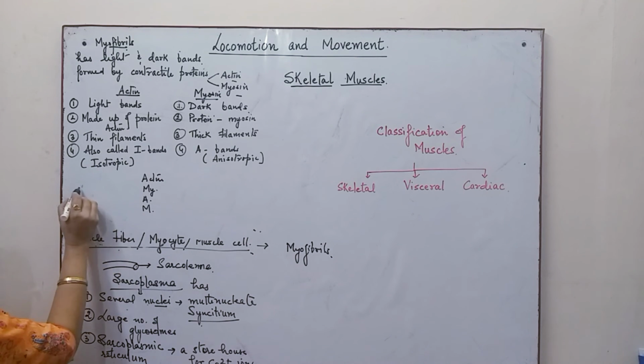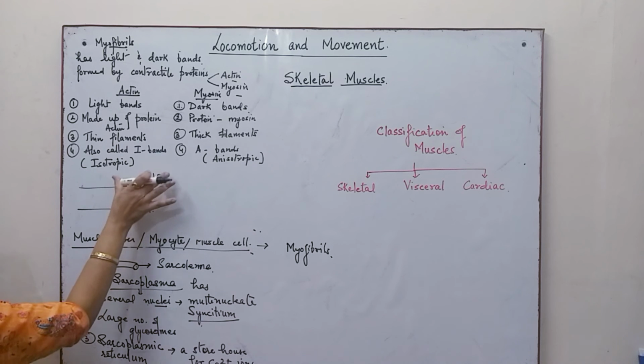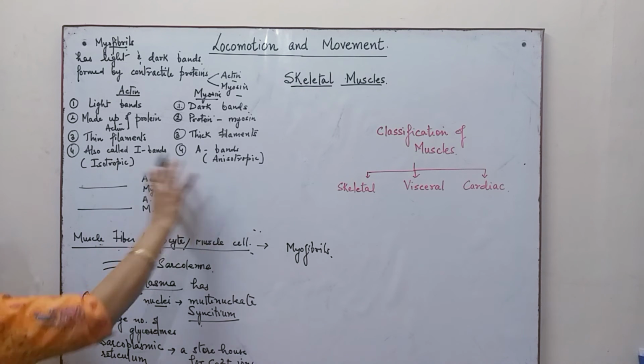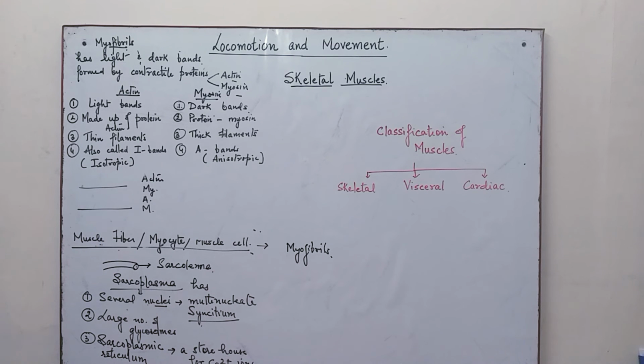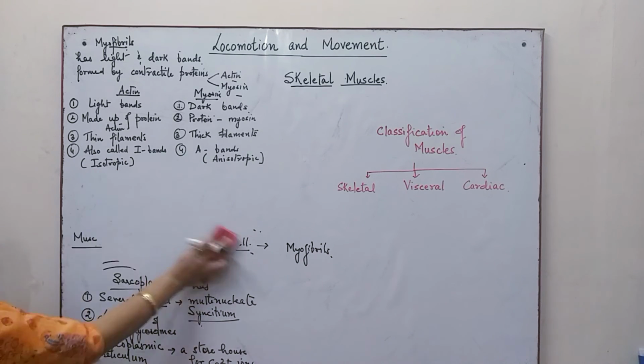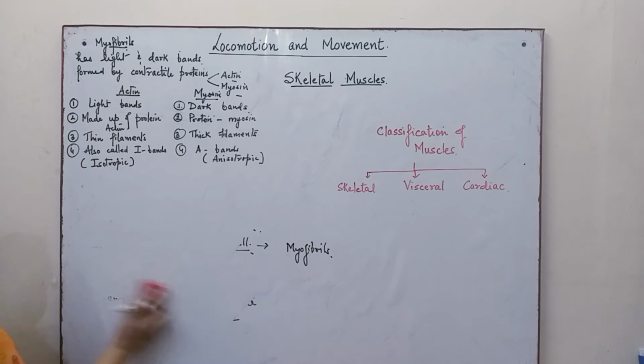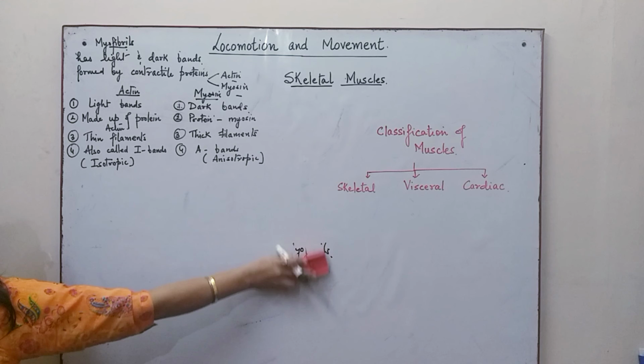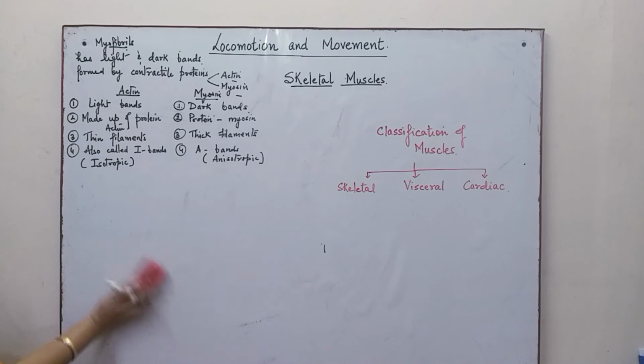So if we see the muscle fiber is like this, they will be arranged parallel to the longitudinal axis of the myofibrils. Now when we see the internal structure of the arrangement of this fiber, these proteins, we find definite structures which are formed by these.